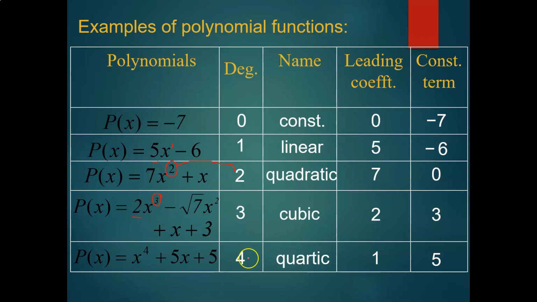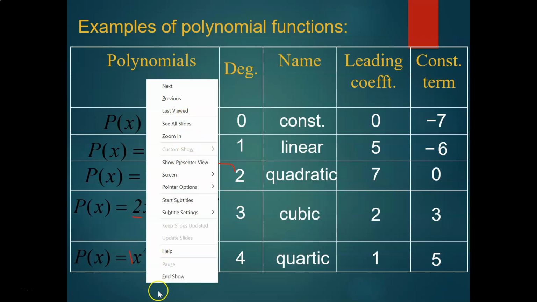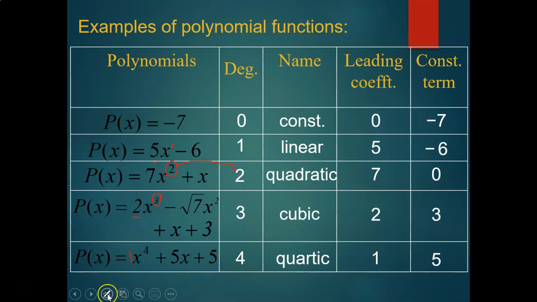Okay, and the last one, x to the power of 4. So the degree is 4. And the name of this function, power 4. Usually we see up until cubic, power 3. This has power 4. So this power of 4 we call quartic. Quartic function. And the leading coefficient will be 1. Here there is a 1, sorry. Let me erase.